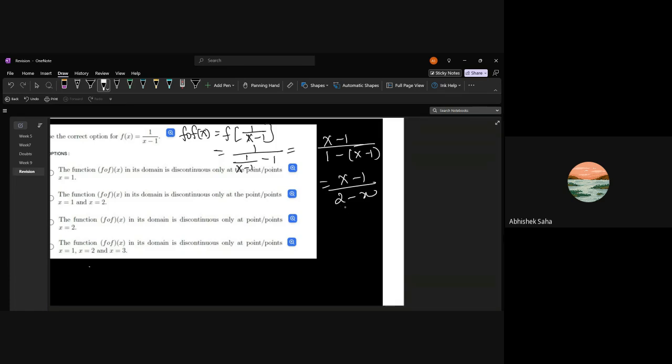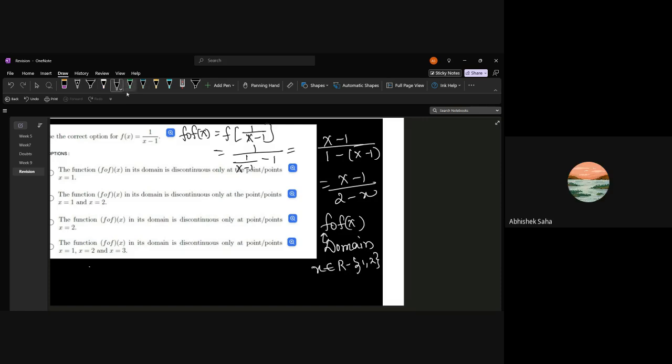And check the discontinuous points. So what is the domain of this function? First of all, let's find the domain of f of x. The domain will be all the real numbers, and the domain of this function will be what? R minus {1, 2}. x belongs to all the real numbers except 1 and 2. Why have we excluded 1?